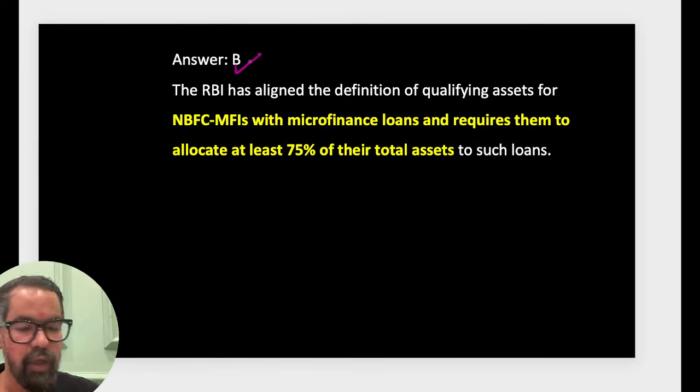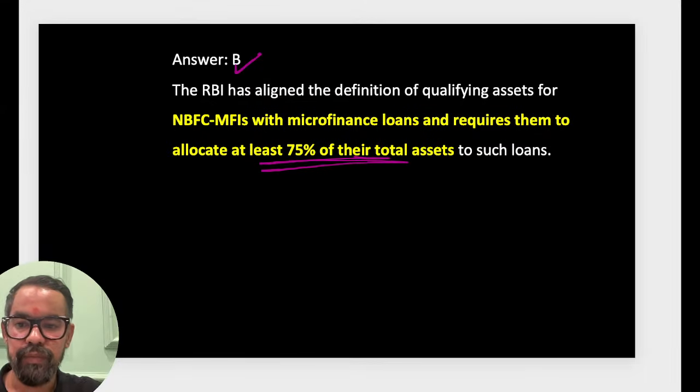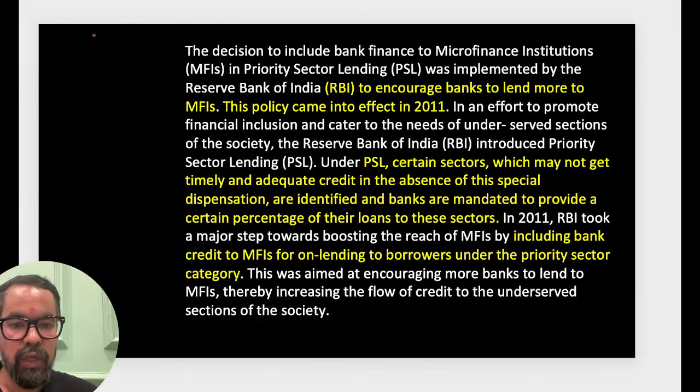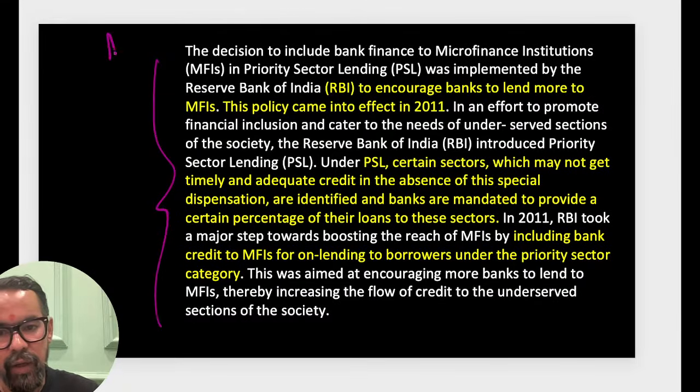So option B will be right answer for this particular question. Good. Done. So inclusion आपका, and please do remember this one, very important part. This will help you. Next one guys.